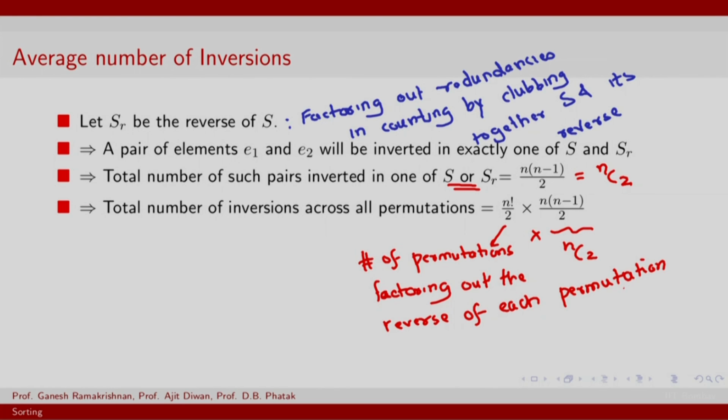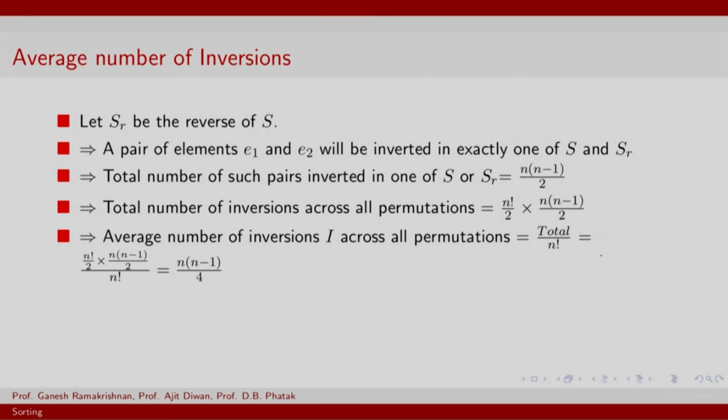So what will be the average case? Well, the average will just be the ratio. Take the total number of inversions, and consider the total number of permutations.